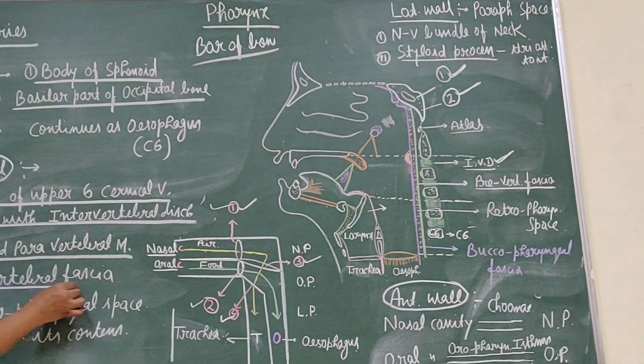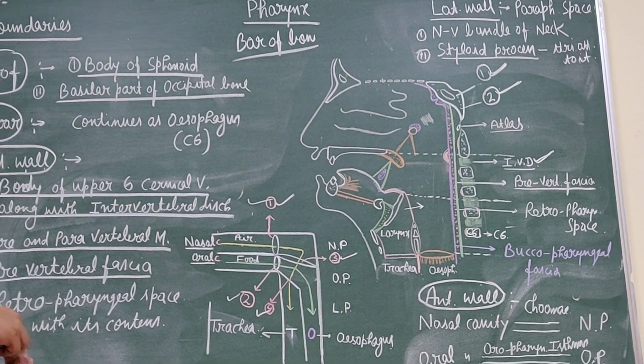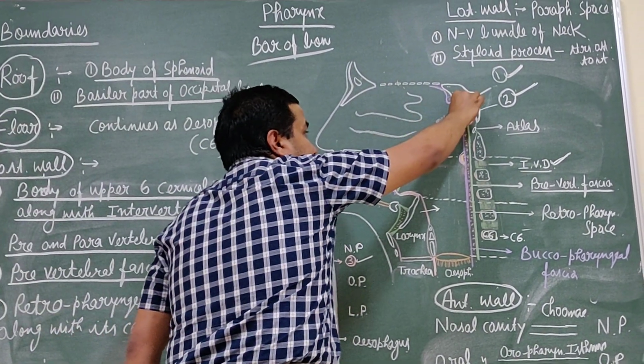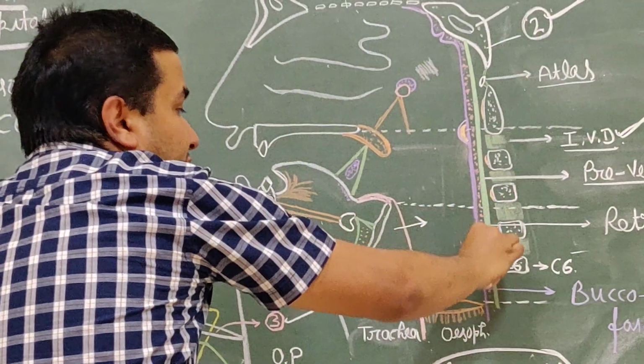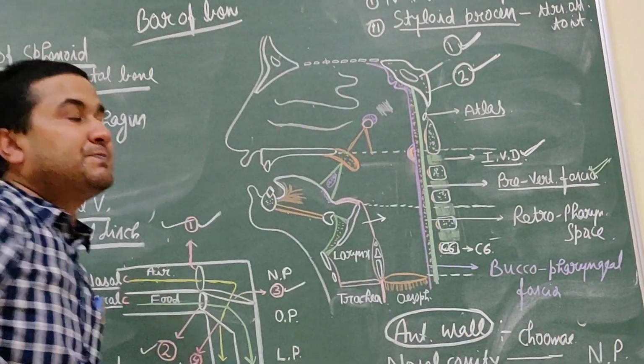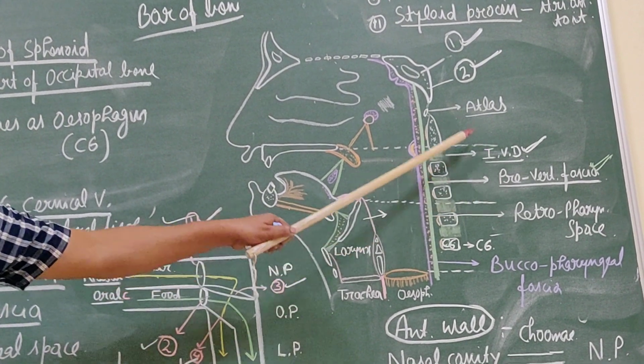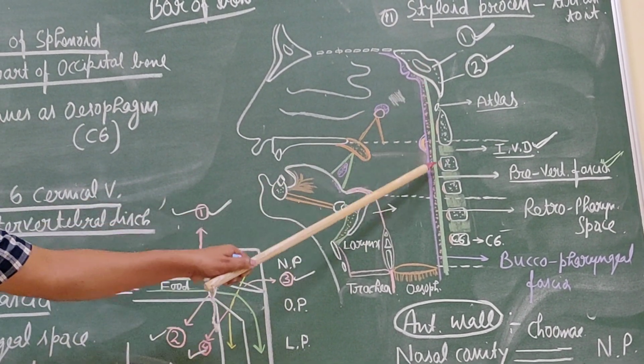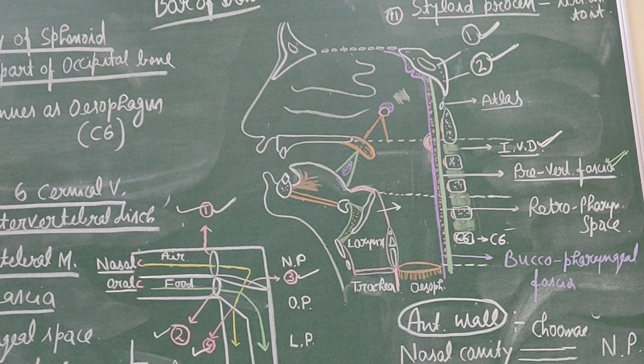Then there is the prevertebral fascia. In this diagram, this green layer is the prevertebral fascia. This prevertebral fascia extends from the base of the skull up to the superior mediastinum.